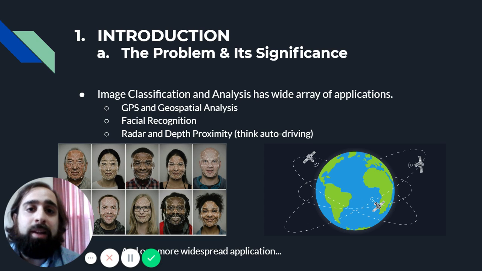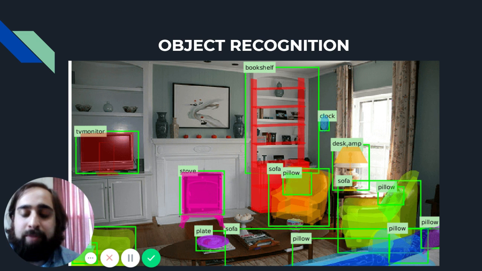CNNs are going to be the model to use. And something as simple as taking photos of an accident scene, that alone lends CNN work to all insurance companies. So again, there's a wide array of applications that can be used for this kind of data. And one that I didn't mention here is, of course, object recognition.